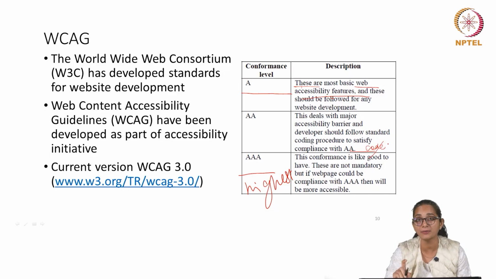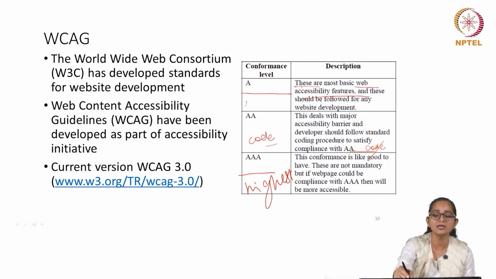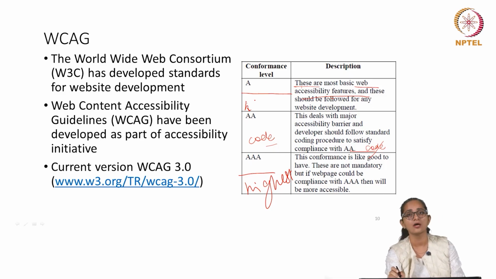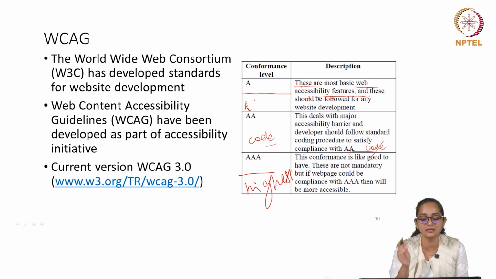If it is not compliant at AA level, it may need code level changes to make it compliant. This may be more CSS, HTML based changes, or you can just include a script which is suggested in the techniques, and it will become compliant.